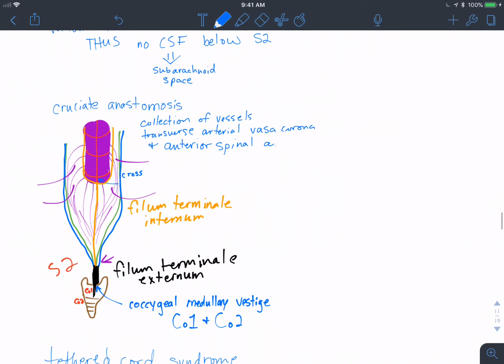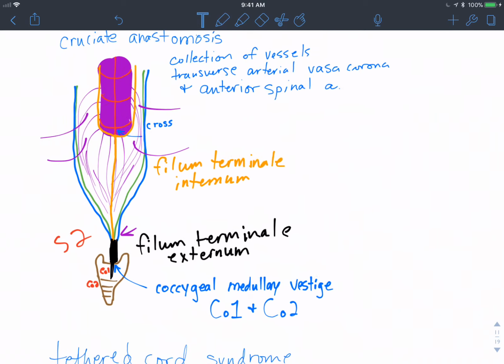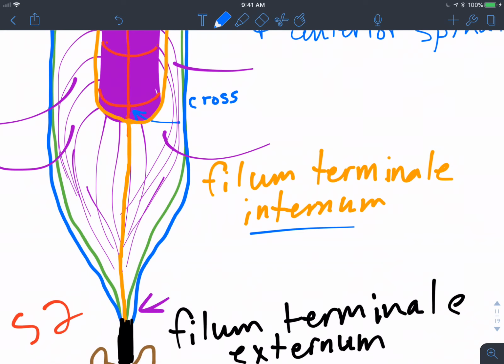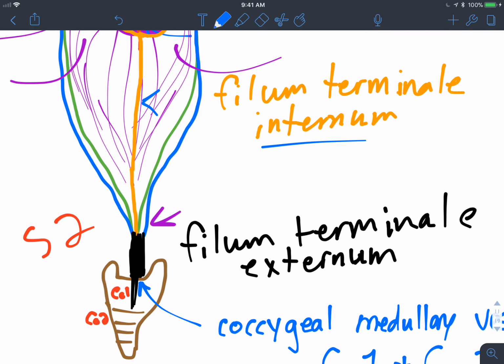So if you kind of look at my other beautiful drawing down here, okay, this purple section here is going to represent the spinal cord. The pia coming down in orange, okay? This one right here, right in the middle, okay? Filum terminale internum coming down. Once we have the dura and the arachnoid following down, right? Once we get to S2 and they all come together and get the collection of dura, now have the filum terminale externum.